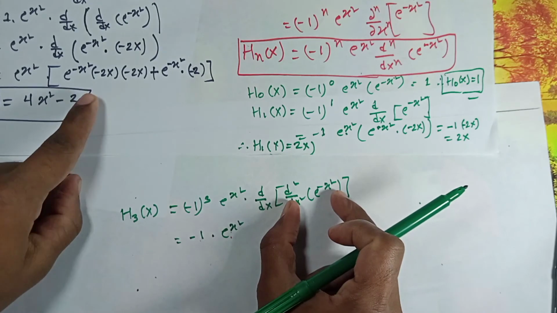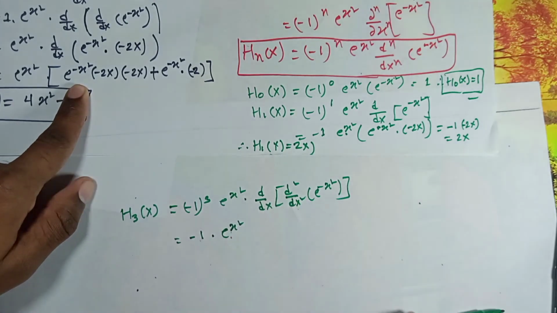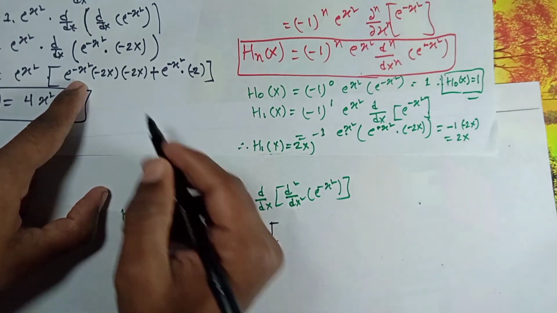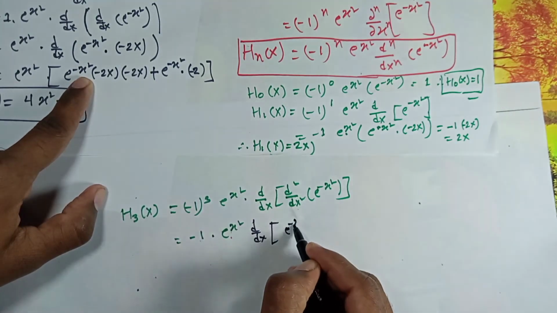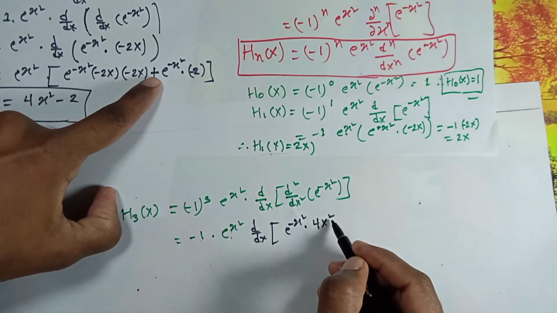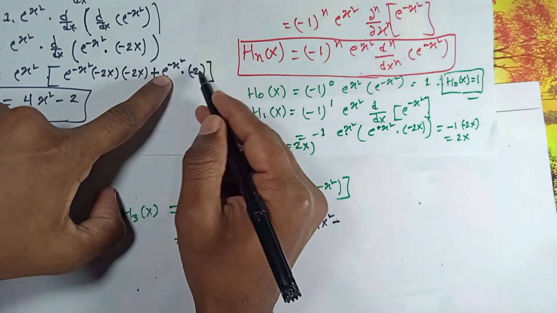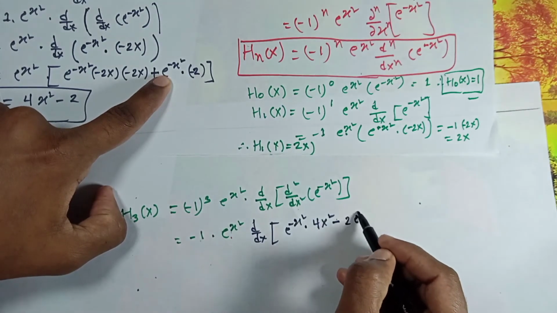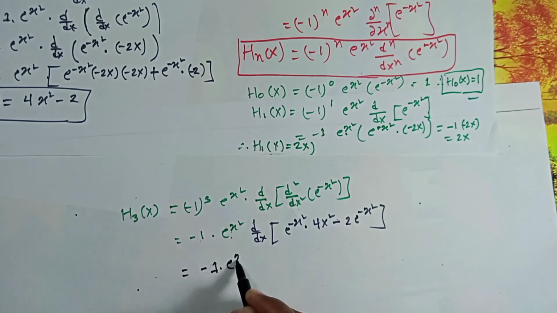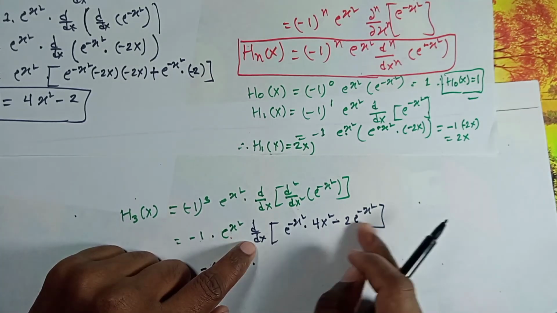Okay, that is nothing but, we can write this as d dx, that is nothing but e to the power x squared minus x squared into 4x squared plus minus 2 e to the power minus x squared. Okay, then we get minus 1 e to the power x squared into this term.